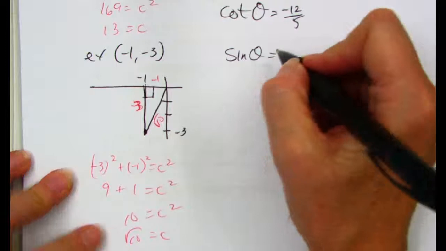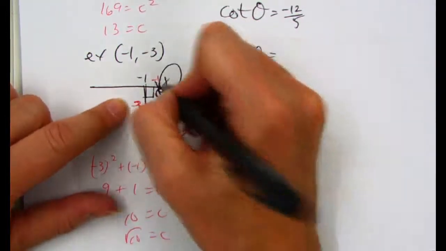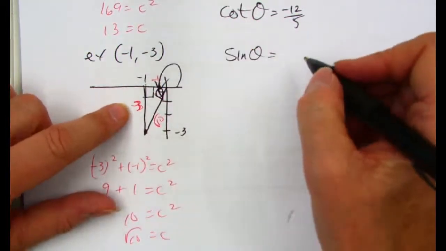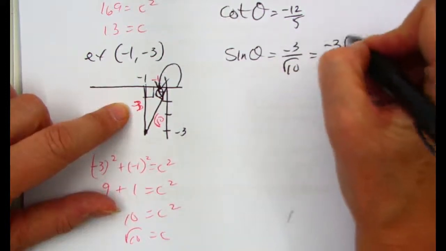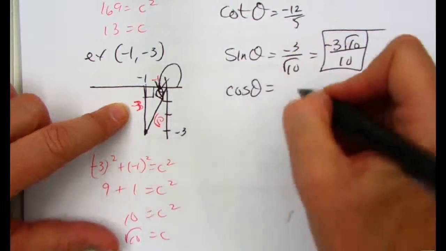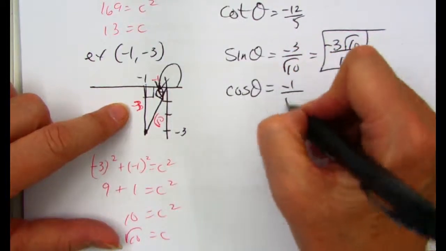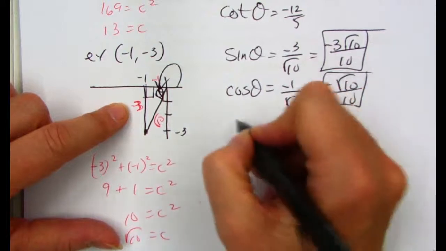Sine of theta would be negative 3 over square root of 10, which equals negative 3 square root of 10 over 10. Cosine of theta is negative 1 over square root of 10, which is negative square root of 10 over 10.